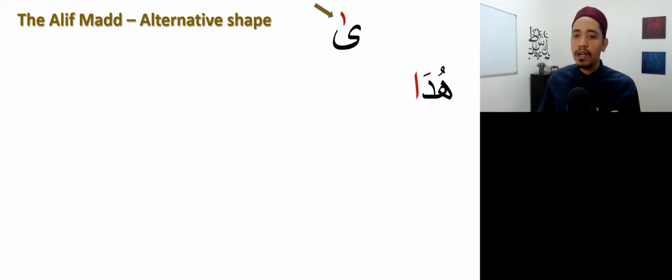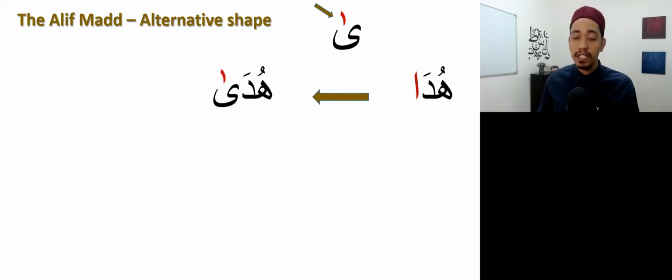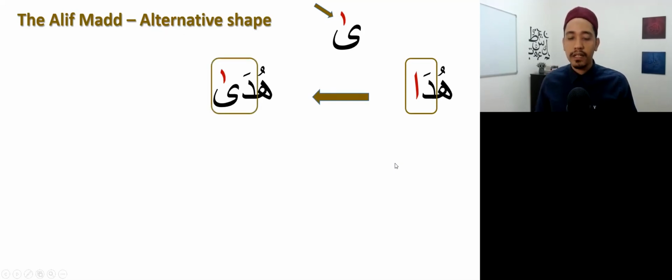So this is huda. Huda, the mad. You see here, this is how that word will be written. Huda. So this da and this da is exactly the same da. Can you see how the alif mad, the mini alif, is so tricky?